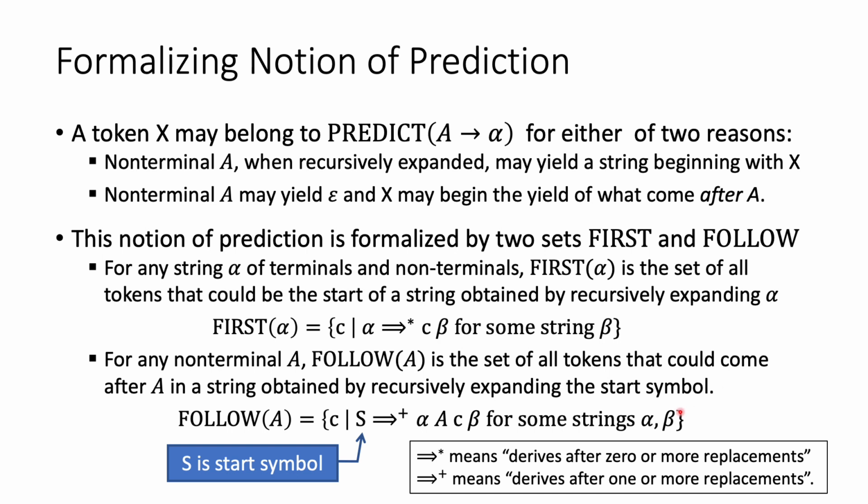More precisely, follow of A is the set of all tokens C such that C could come after A when deriving the start symbol after 1 or more replacements. So here S denotes the start symbol of the input grammar.